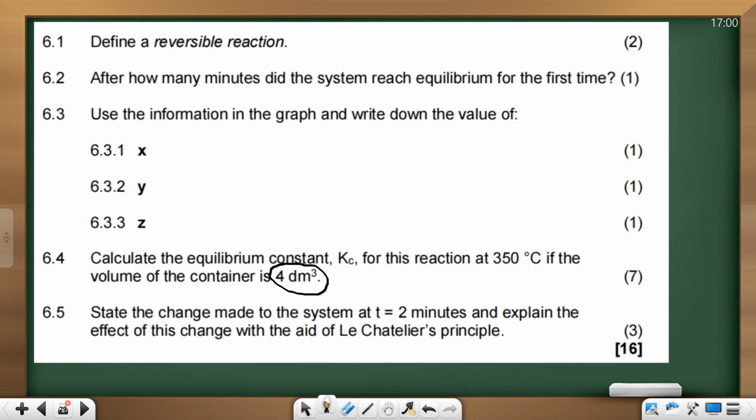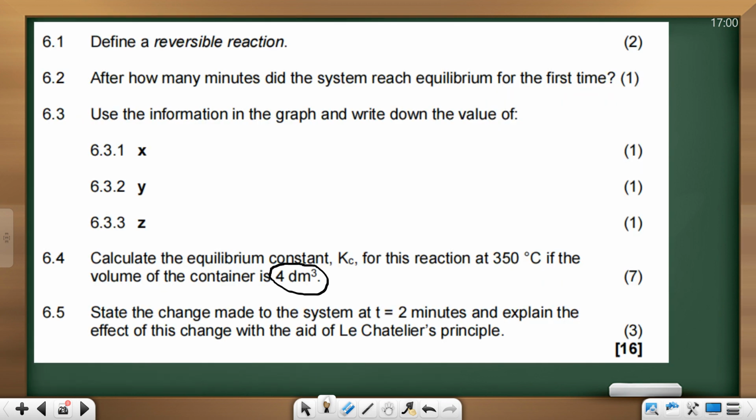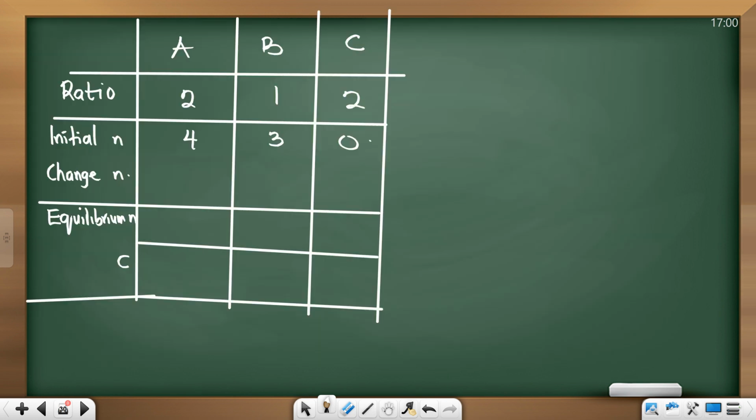And now let's look at the final, or at equilibrium. It is 3, 2,5, and 1. Equilibrium here is 3, 2,5, and 1.